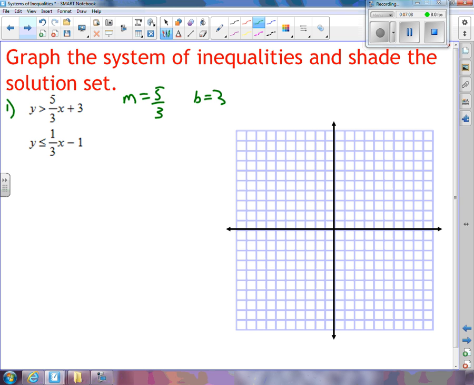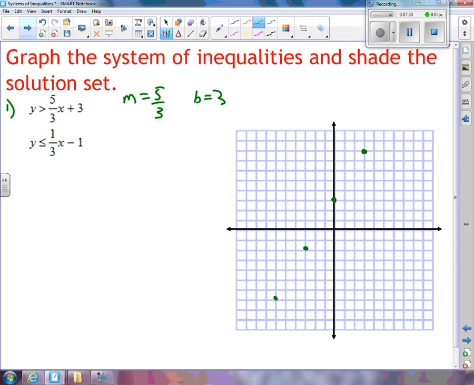So now I go to 3 on my y-axis, and I put my point there. Then I just use the slope pattern to graph the next point, just like you normally do when you graph a line. So you go up 5 and over 3, and then down 5 and to the left 3. Down 5 and to the left 3 again.